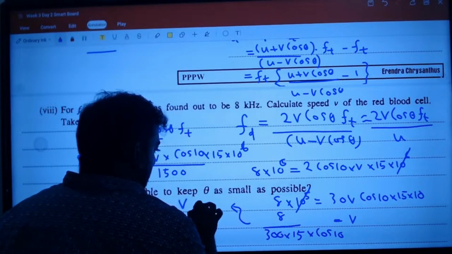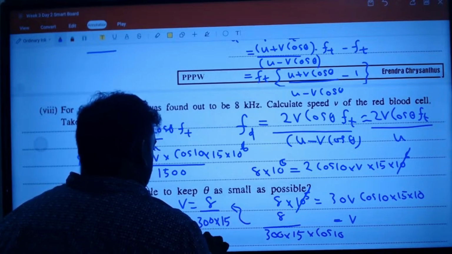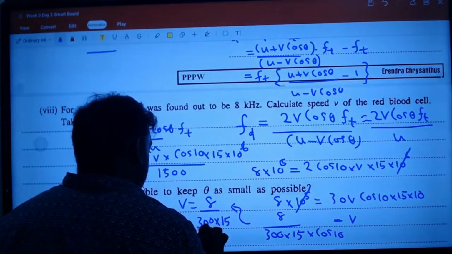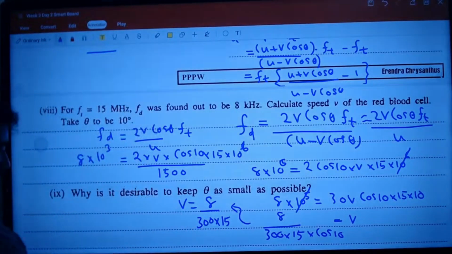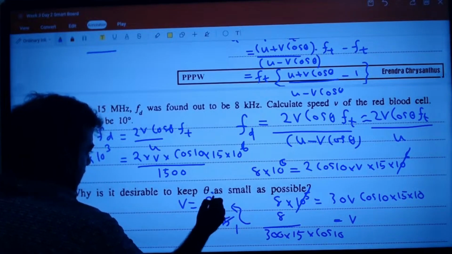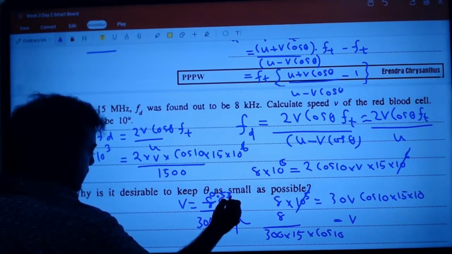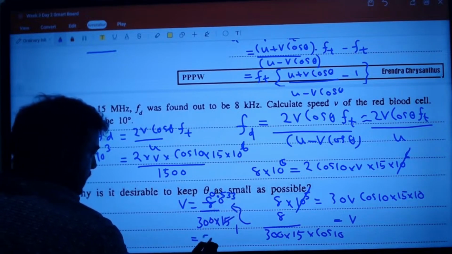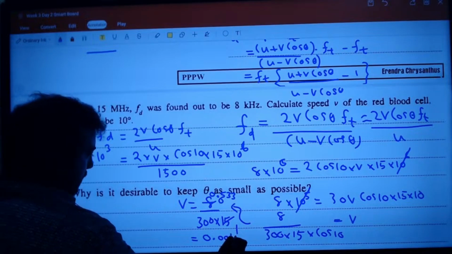From this V you can say 8 divided by 300 times 15. 15 times 1, 0. For 80 you have 5, for 50 you have 3. 0.001.